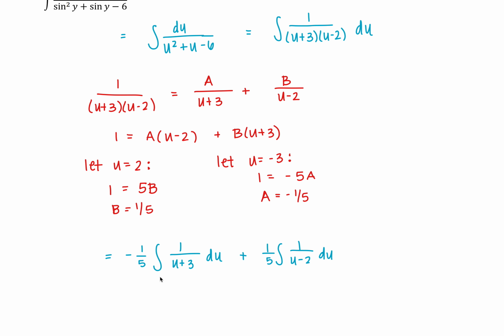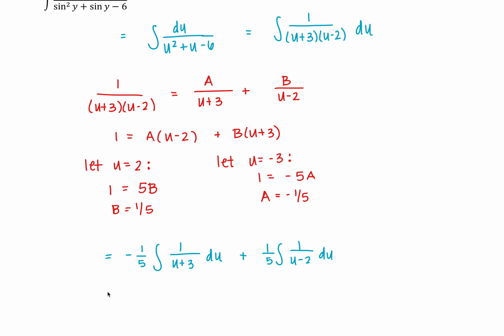In previous examples, I would put the values of A and B, even if they were fractions, on top of these partial fractions. Here I pulled them in front just to show you can do it either way. It doesn't affect your answer in any way, shape, or form.